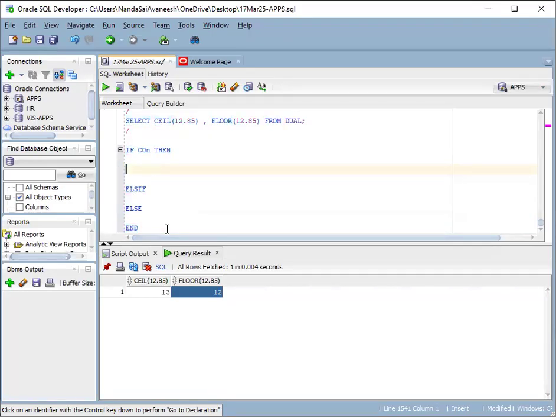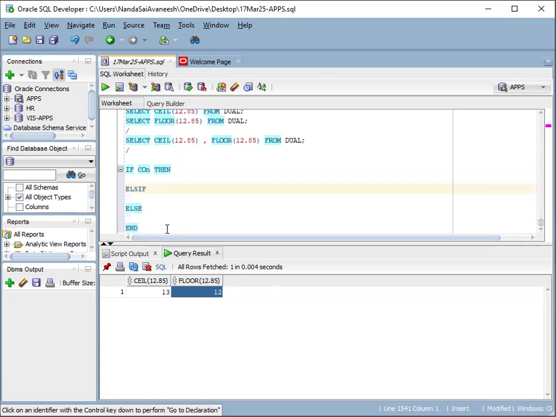Likewise, if you are working on an Oracle project and you write MS SQL syntax here, you will end up in trouble. You cannot debug immediately, and it will take a lot of time to understand where the problem is. Normally in Oracle, you use the if condition, then some statements, then ELSIF, not ELSEIF.